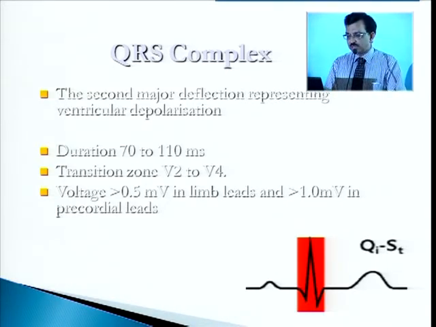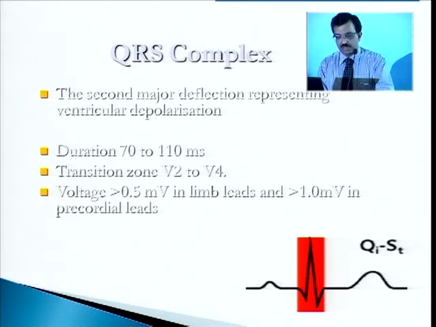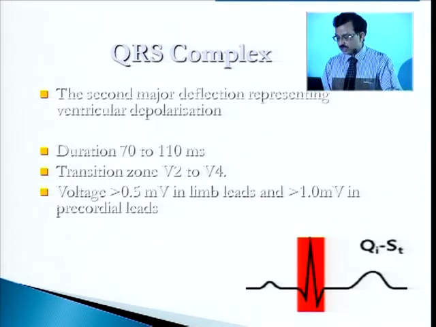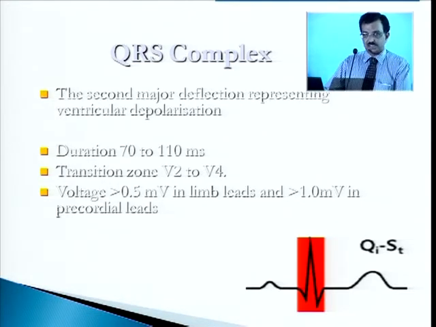QRS complex duration is normally 70 to 110 milliseconds, and the normal transition zone of the QRS complex occurs between V2 and V4. We also look at the QRS voltage, because in left ventricular hypertrophy the voltage is increased, and in some pathological conditions like pericardial effusion you have low voltage.